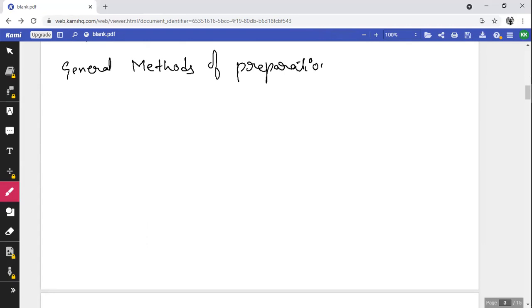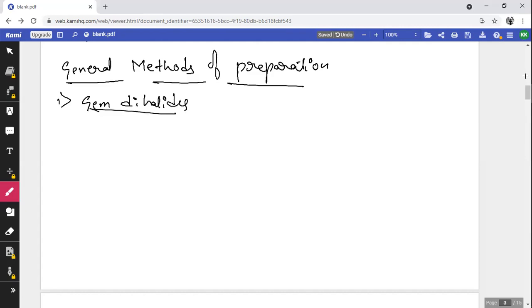If you consider general methods of preparation of dihalides, the first method is from gem dihalides, that is methods of preparation of gem dihalides. It is by the reaction of PCl5 on carbonyl compounds.